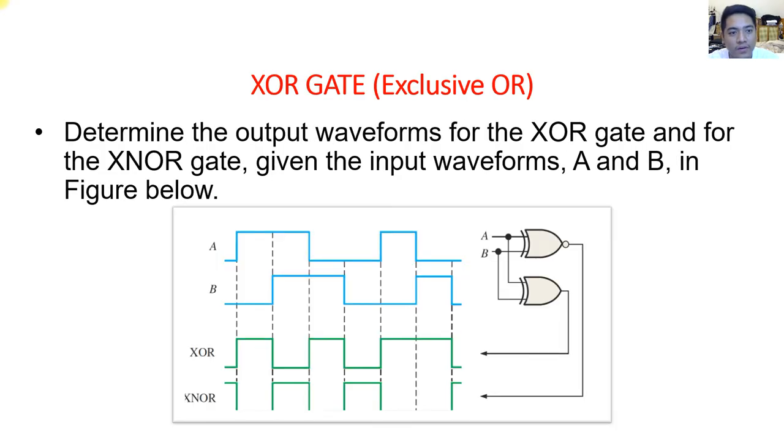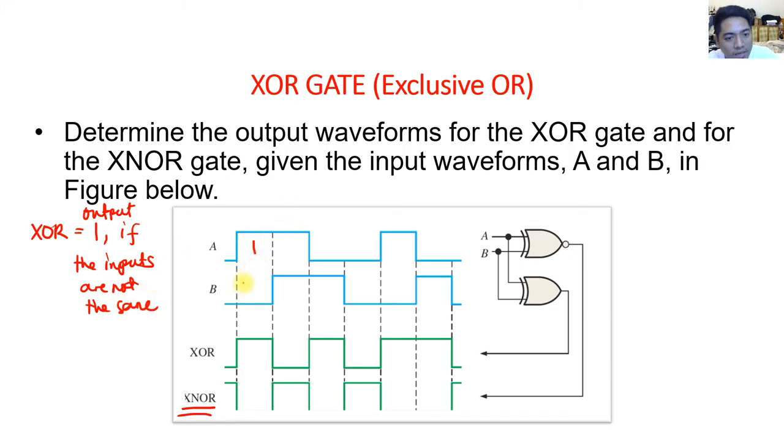So let's try to determine the XOR, exclusive OR, and at the same time, we graph also the XNOR, which is simply the negation of the XOR. For an XOR, we will produce a high output if the inputs are not the same. So you have 1 and 0 here.